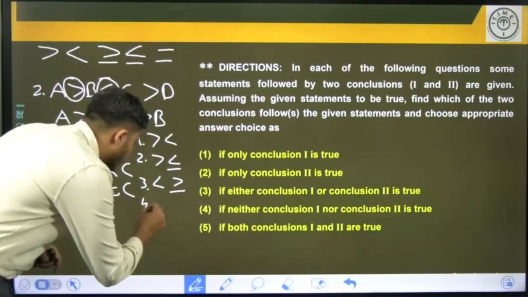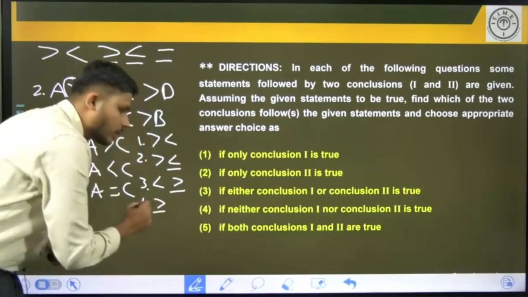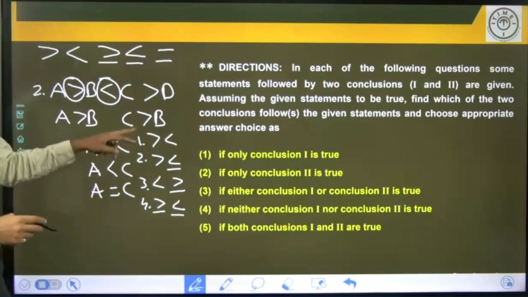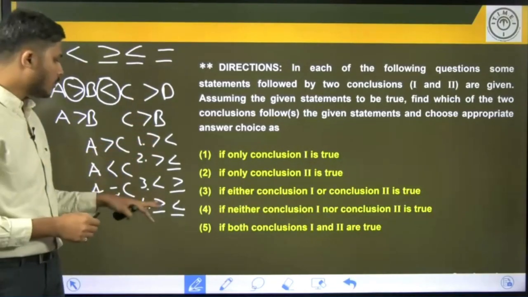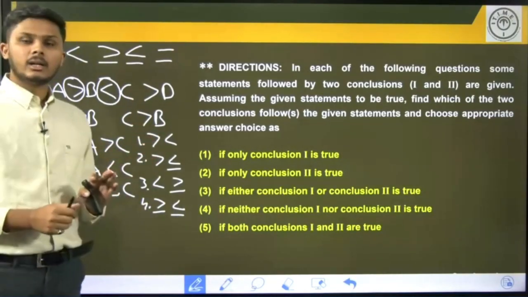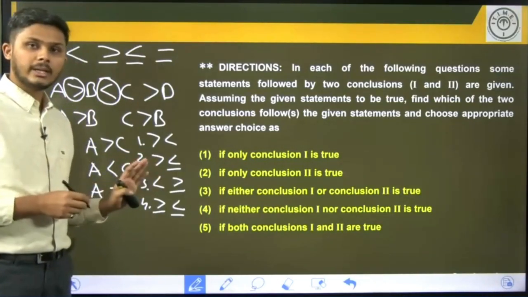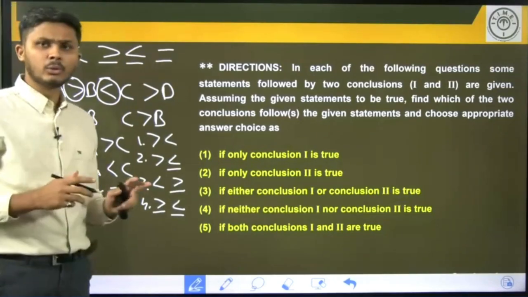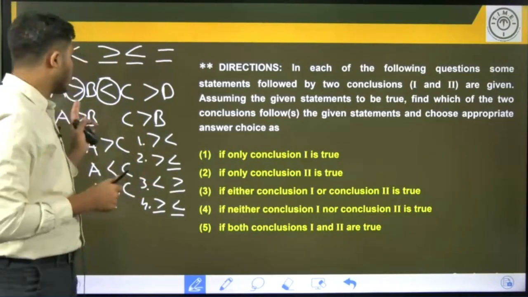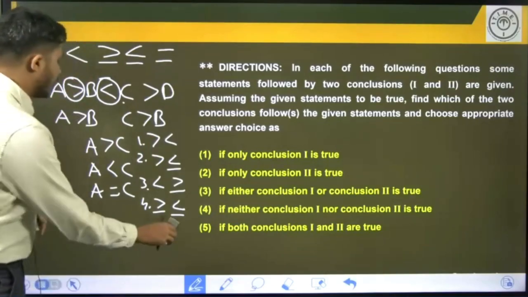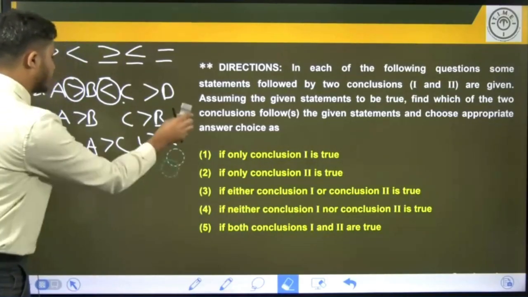And fourth, greater than or equal to and less than or equal to. In any of these opposite pairs, the end result cannot be concluded, hence the relation between the two values cannot be determined. So this is the third shortcut.